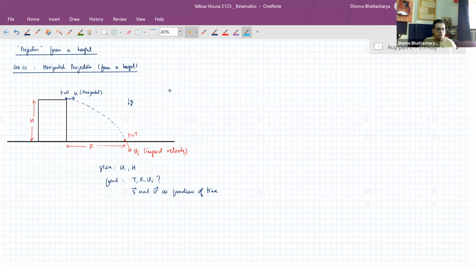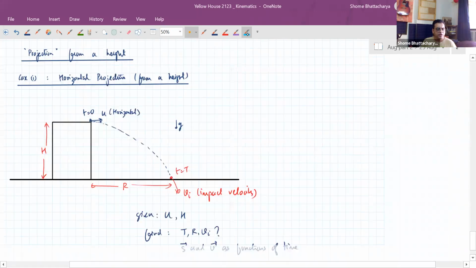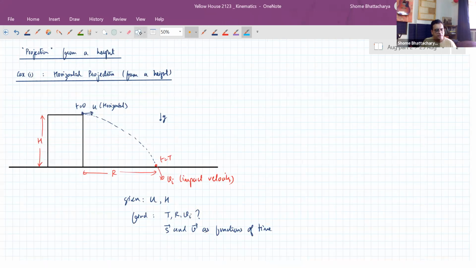So it will be more convenient to take the y-axis in the downward direction. So we can take our reference frame like this: the horizontal direction is our x-axis, the vertically downward direction is our y-axis, and the origin is the point of projection.